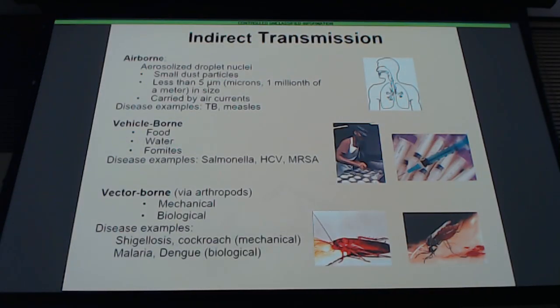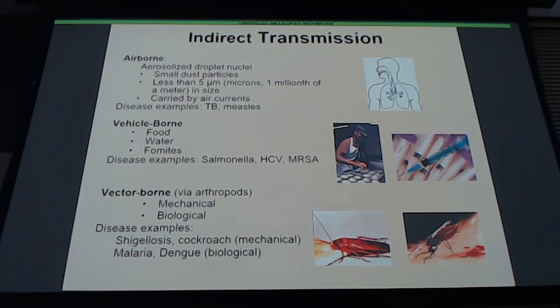Okay, so here's some indirect airborne transmissions. So here it's telling you less than 5 microns. Those are the ones that can get re-aerosolized, or those are the ones that can stay up in the air for longer periods of time. We can use blasto as an example, right?